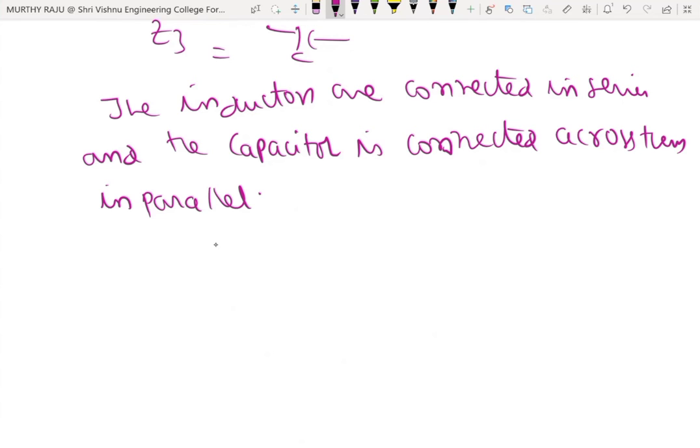The Hartley oscillator is used to generate high frequencies. The range is from 20 kilohertz to 30 megahertz, high frequency range.